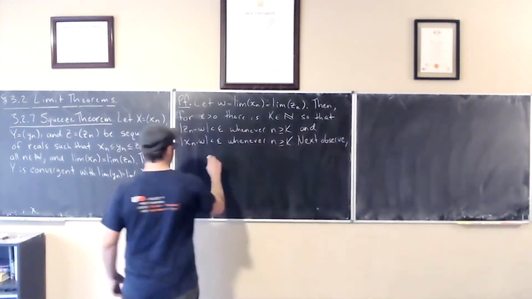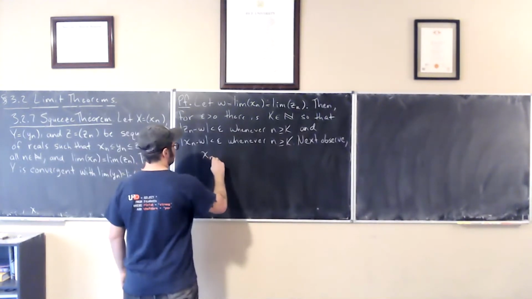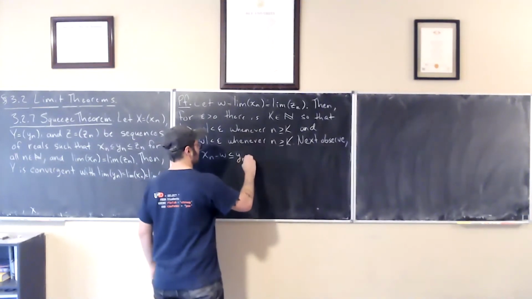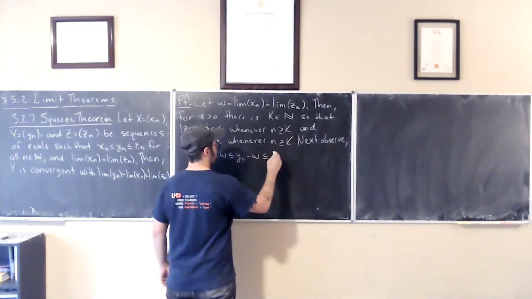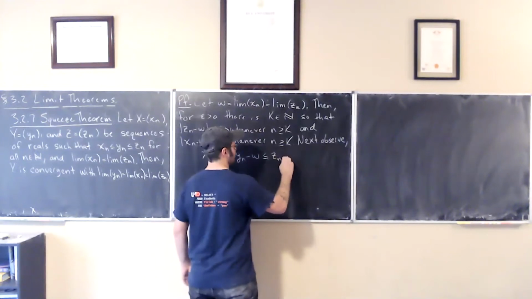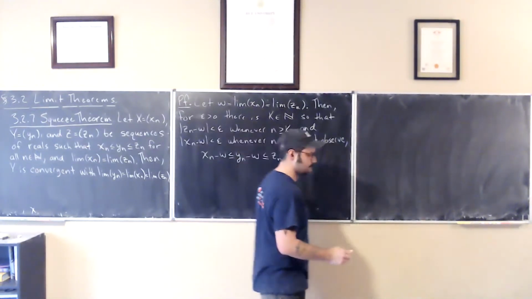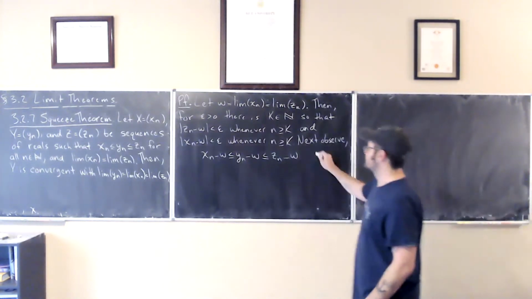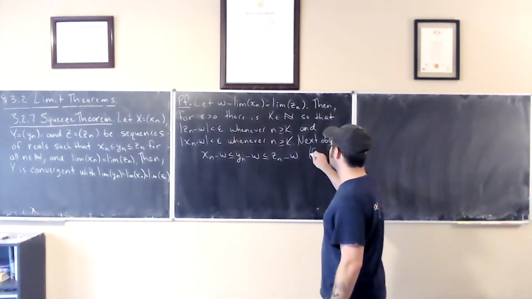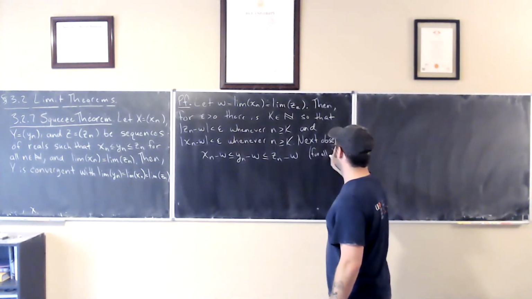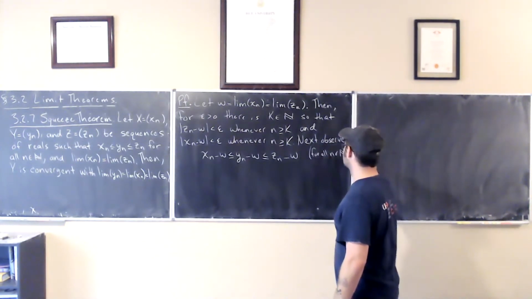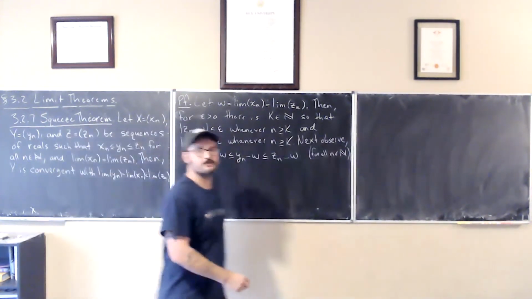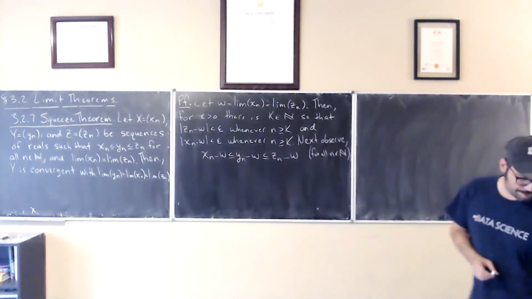So we have this string of inequalities, and this is going to hold for all natural numbers, right? Because this holds for all natural numbers, and this is going to hold for all natural numbers.